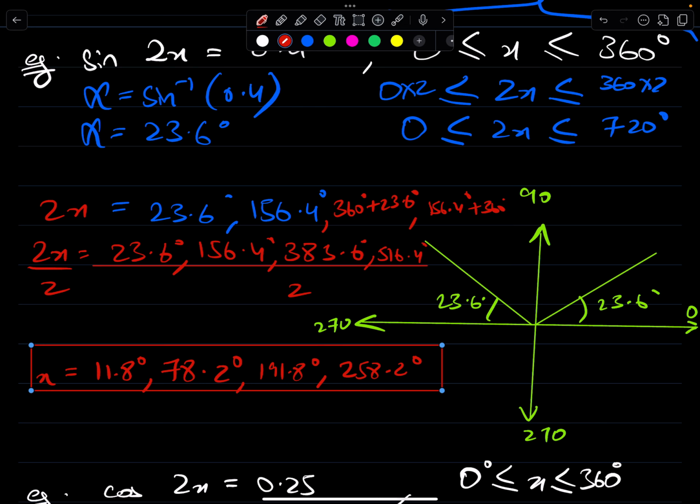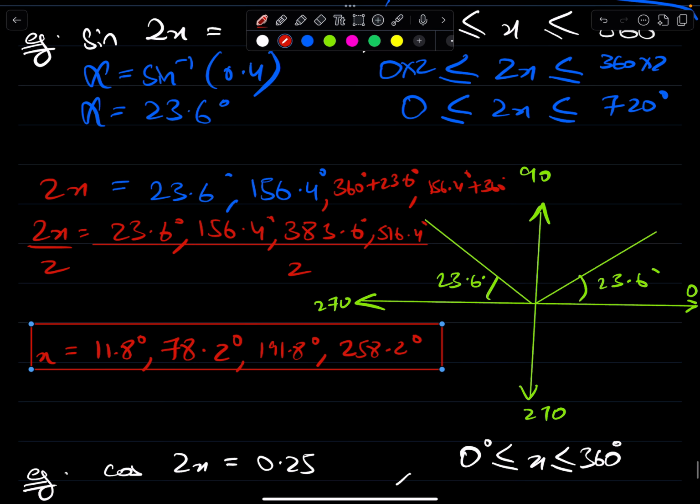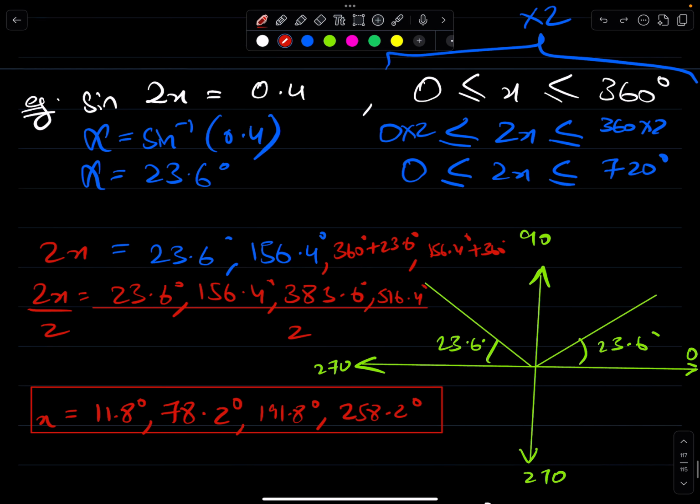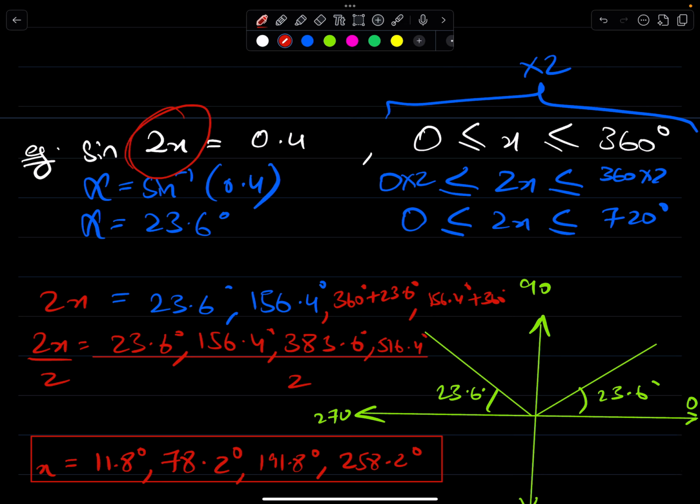So one more important point is that the final answer is given in terms of x. And the reason for altering the range was that it helped us decide till what degree we shall go.